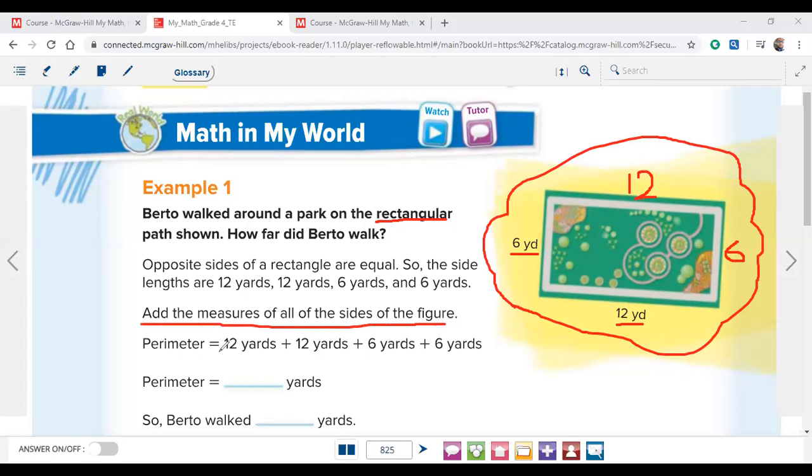Here the perimeter is 12 plus 12, plus 6 plus 6. I have here 6, the other side should be the same, 6. So to find the total, 12 plus 12 plus 6 plus 6, it will be what? Yes, 36, as we see here.